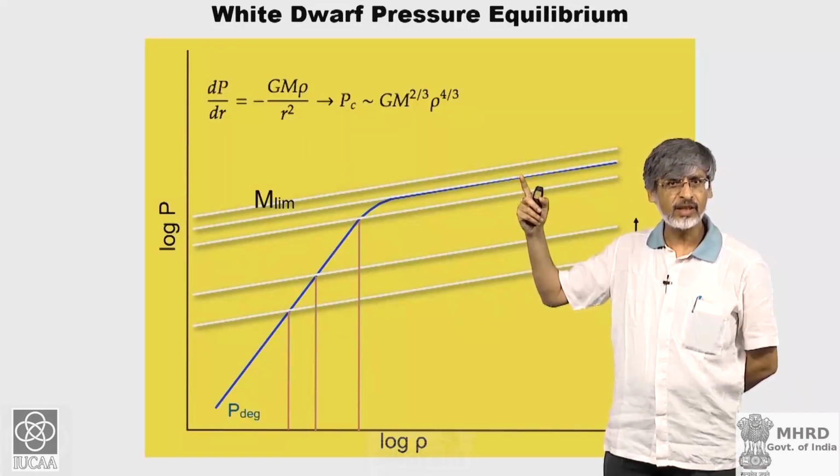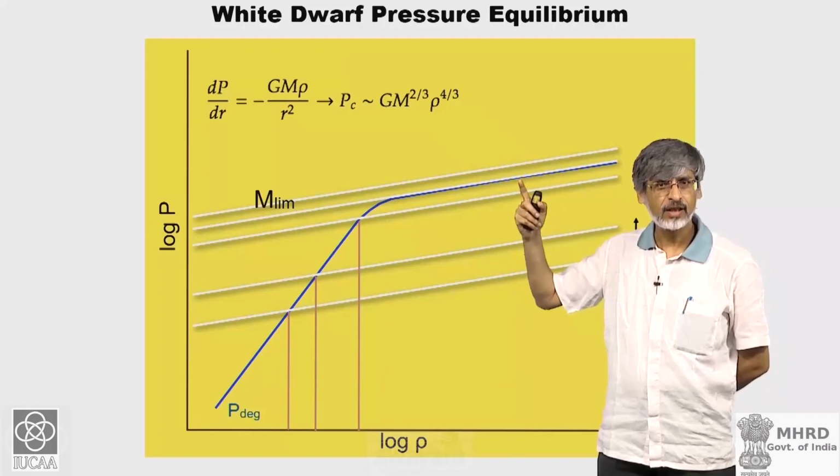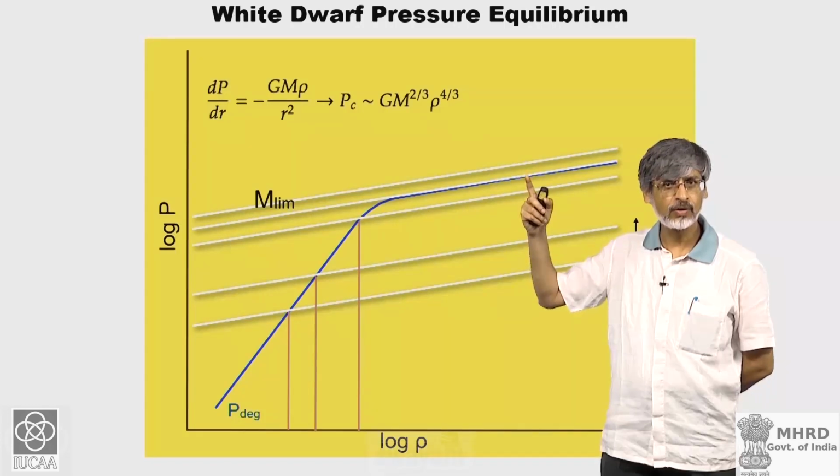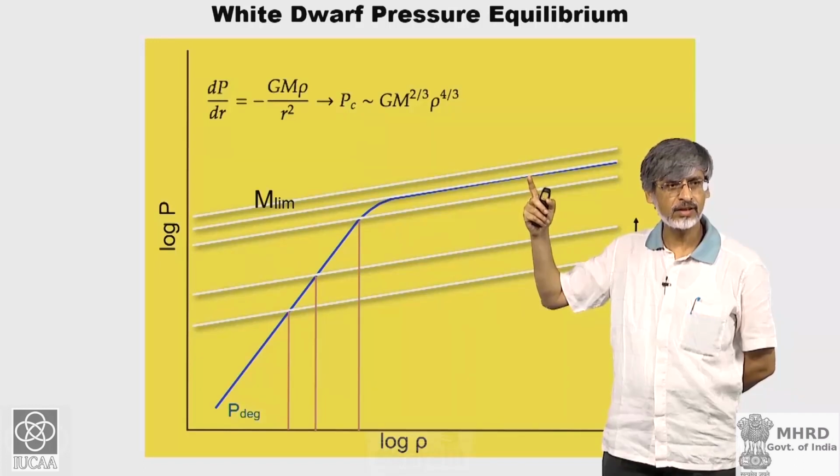So, this then requires that a solution be obtained when there is an intersection between this line and the electron degeneracy pressure line. So, you get to a point where these two lines just touch each other.